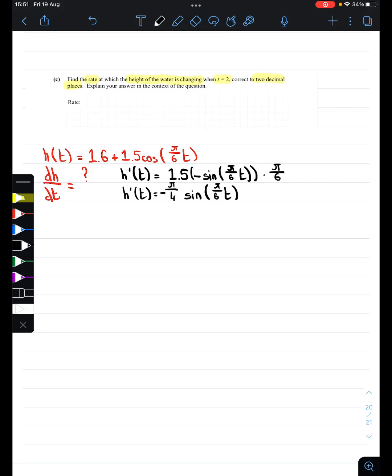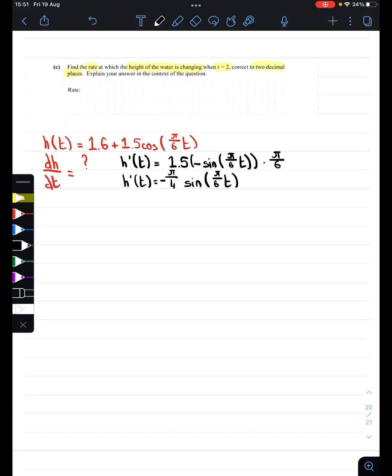So this is our derivative of h, and we're looking for the derivative of h when t is 2. So h prime of 2, we just plug in 2 here, so minus pi over 4 sine pi over 6 by 2, so just pi over 3.